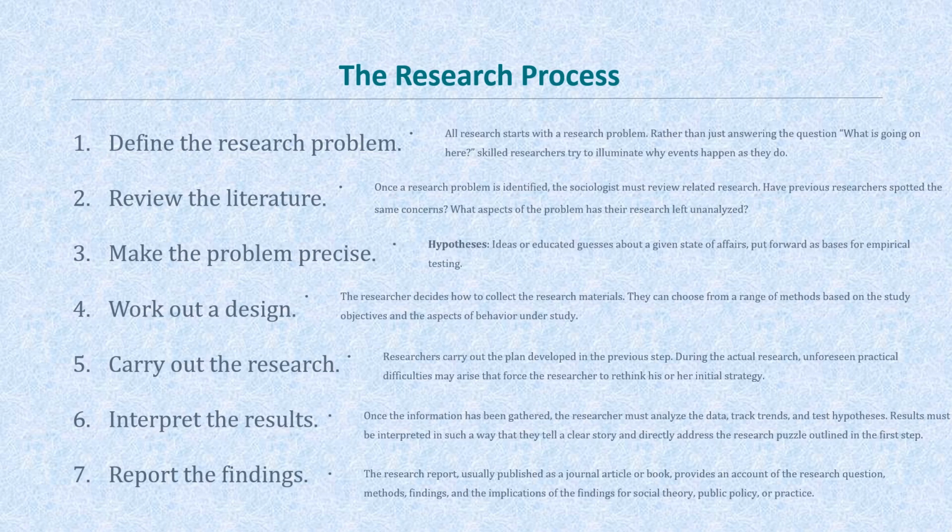Then we have making the problem precise, and that is done through a concept called a hypothesis. A hypothesis is simply an educated guess about a given state of affairs, put forward as a basis for empirical testing.